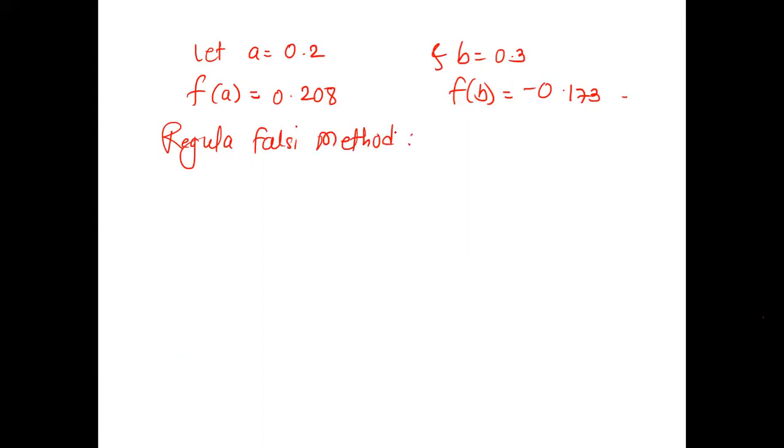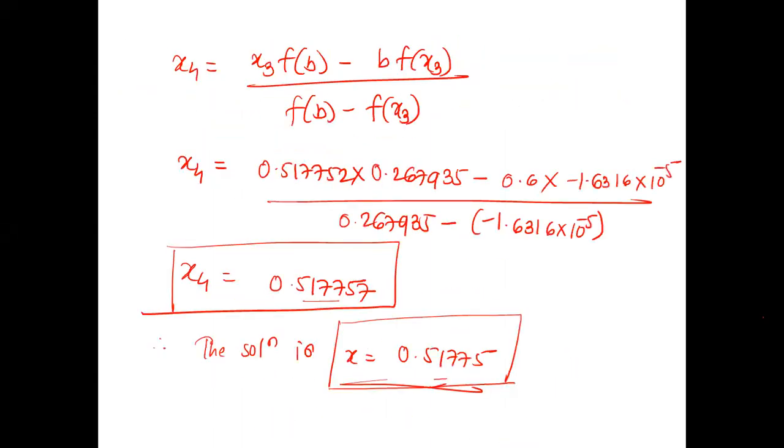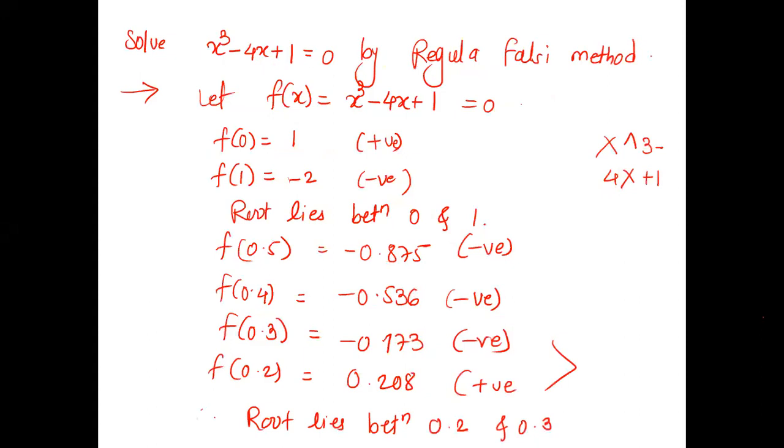Firstly, we have seen the definitions of algebraic and transcendental. Do not think much about them. They are simply functions where x raised to a power, polynomials, or sin and cos combinations come. All these are algebraic or transcendental equations.